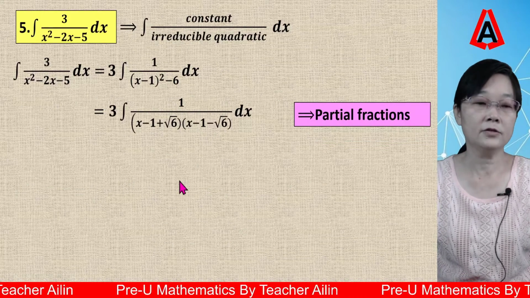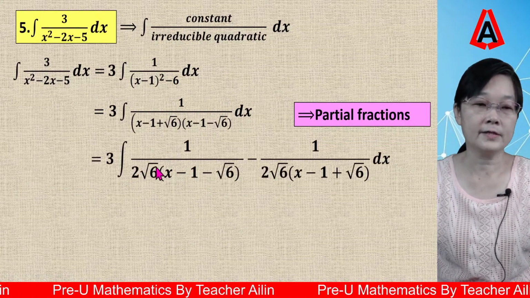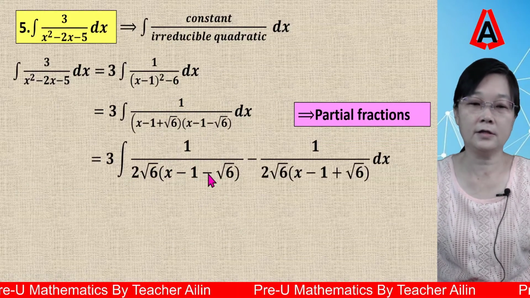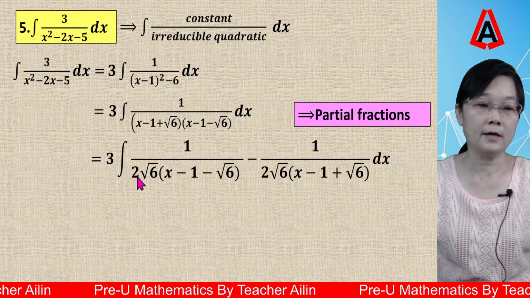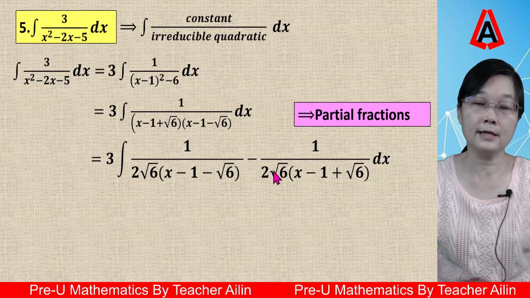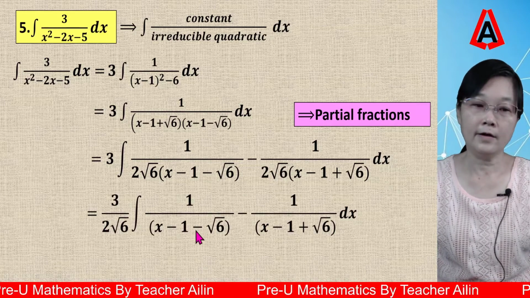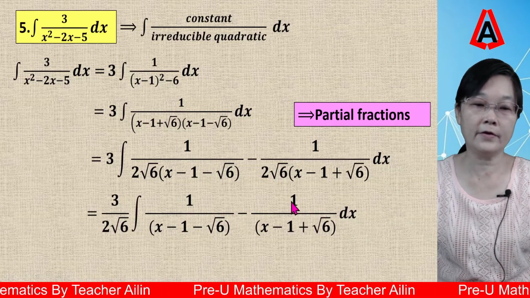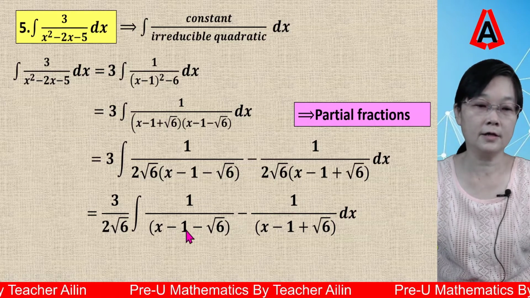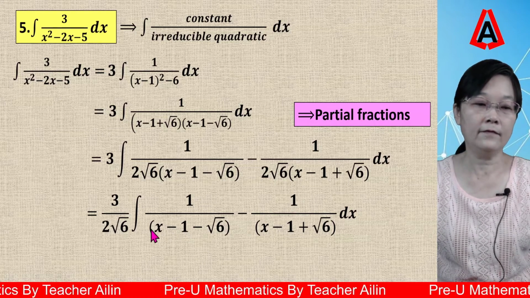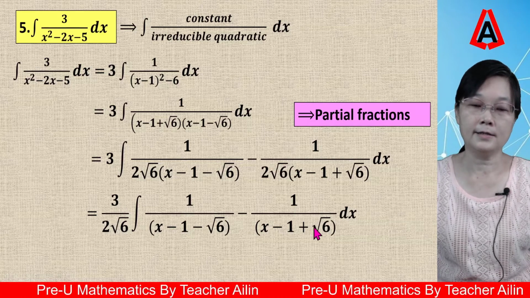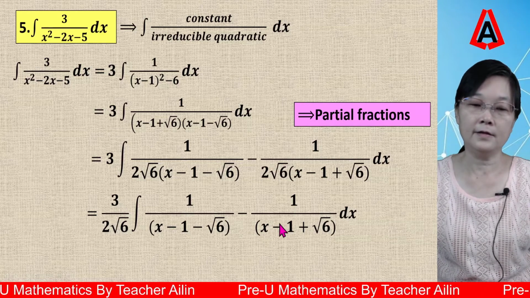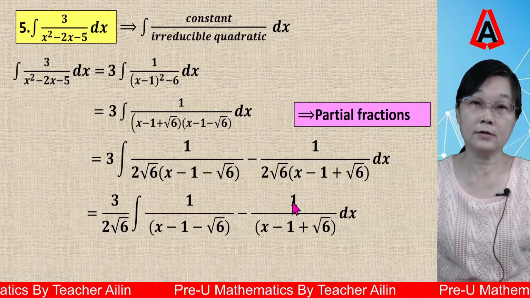Now, after partial fraction, I have separated the rational function into two. Before I continue, first I'm going to factorize the same value here. Now I realize that I'm ready to do the integration because the derivative of the denominator here is equal to 1, and likewise the derivative of this denominator is equal to 1.